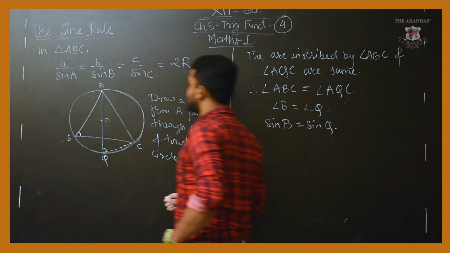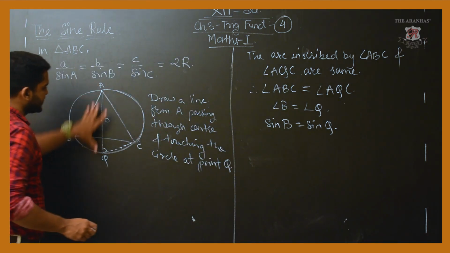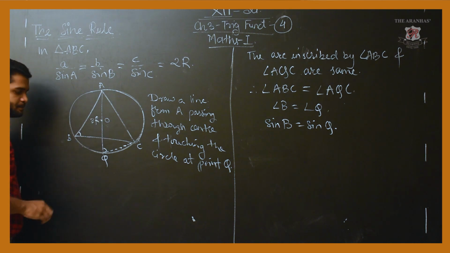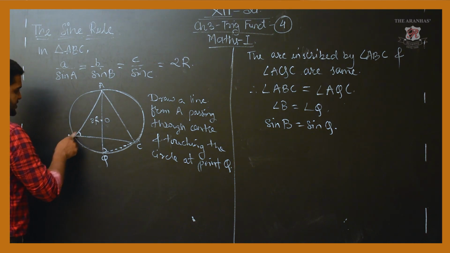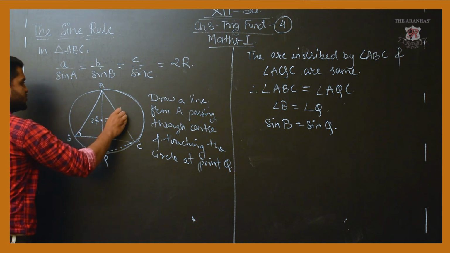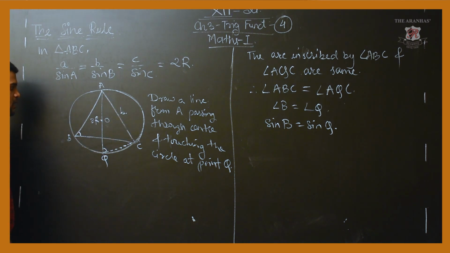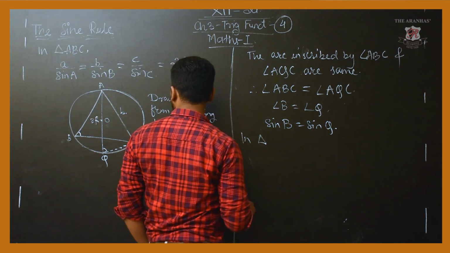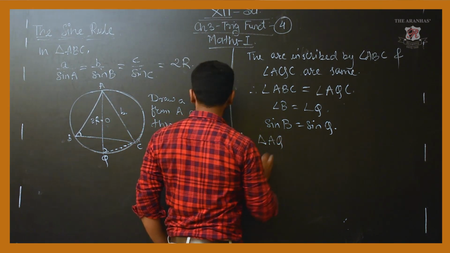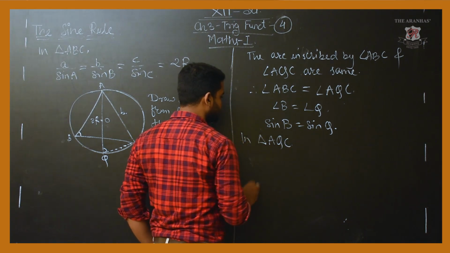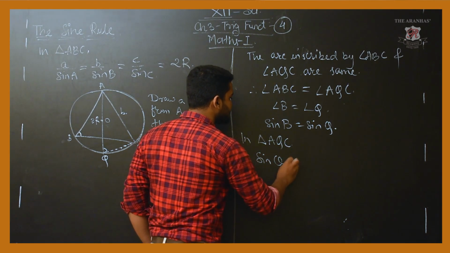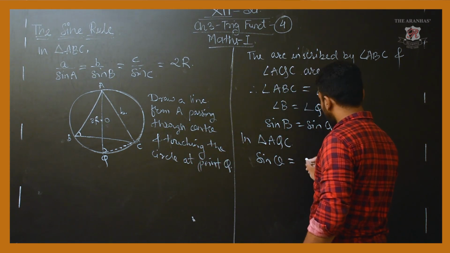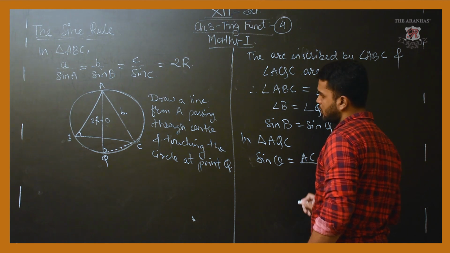Correct? Now after this, since it is passing through the center, this length is 2r. Correct? And this side is opposite to angle B, so it should be small b over here. Now in triangle AQC, sine Q is opposite side upon hypotenuse.